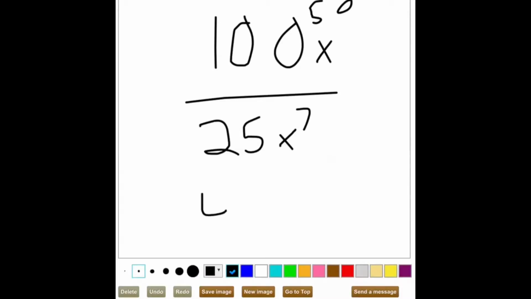First, we divide the coefficients, which in this case is 100 divided by 25, which equals 4. Then you subtract the exponent, which is 50 minus 7, which gives you 43. The end answer would be 4x to the 43rd.